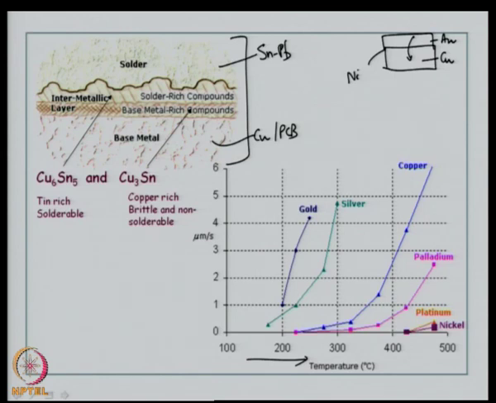Typically in a printed circuit board you will have base copper, then you can have a nickel gold coating on which the soldering process is done for components. Then you will have much more complex intermetallics that could be formed. The only thing is the gold can prevent a diffusion of tin lead into copper.